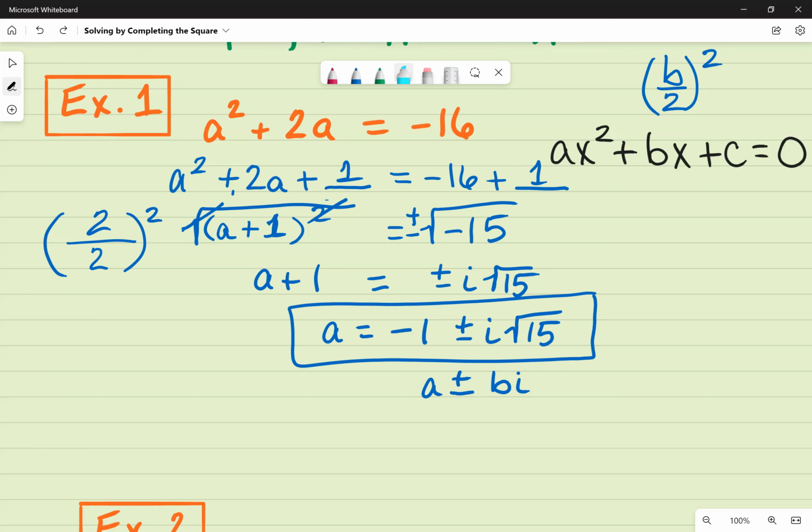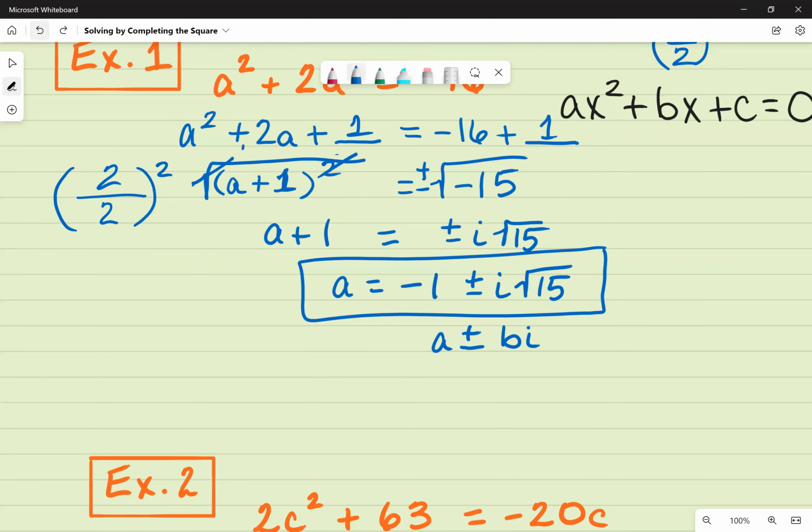All right. So negative 1 plus i radical 15. That's one answer. And the other one is negative 1 minus i radical 15. If you wanted to write it separate, you could. It's not a problem. So I had 2 answers, and I already knew I was going to have 2 answers because that's what my highest exponent said that I would have.